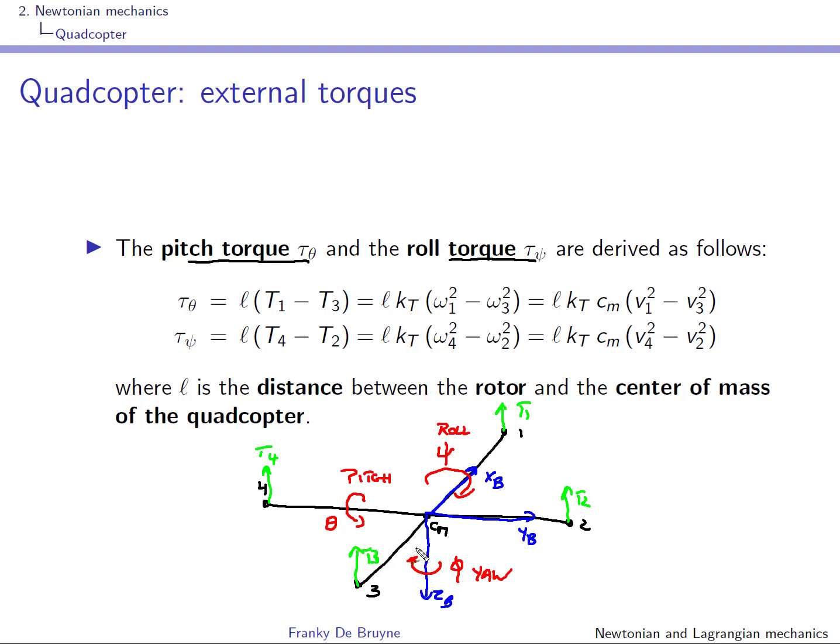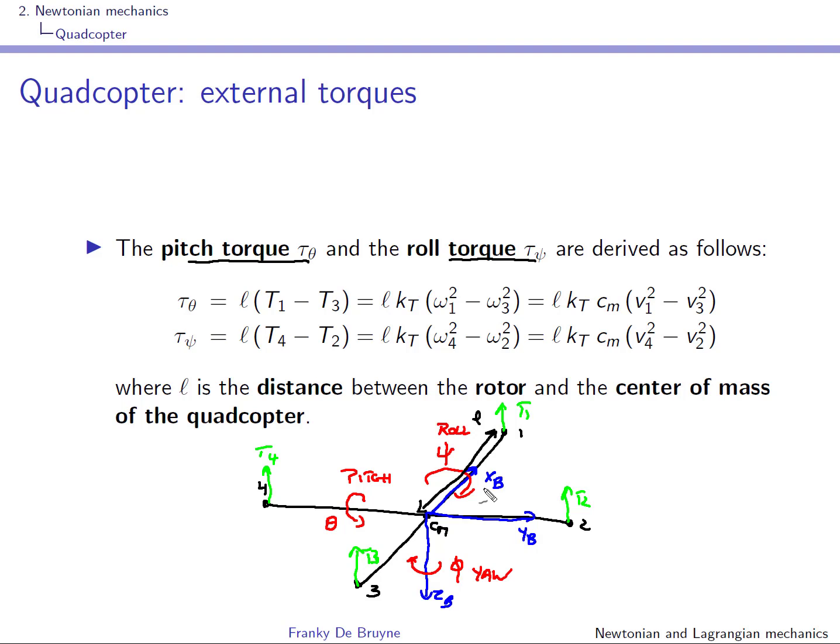So if T1 is bigger than T3, we will have a positive thrust. And of course what is important here is the distance that you have from the center of mass to each motor, and we'll call that L, right? So the 4 distances are equal by construction and they are called L.